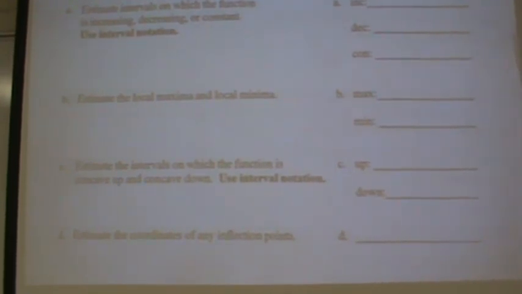And you're going to have to find the minimum. And you're going to have to find the inflection point. How do you find the inflection point? The inflection point is the point between the max and the min. You add the max and the min and you divide by 2.